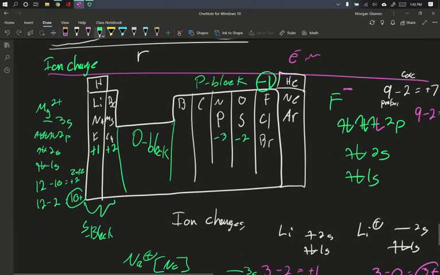So we can use Z effective to help us see trends in ion charges in our periodic table, and they're really tied to electron configuration. That first extra electron on fluorine fits in just fine because it is going into the same shell that the other valence electrons are already in. Try to go to a higher shell, and energetically, it's not favorable.